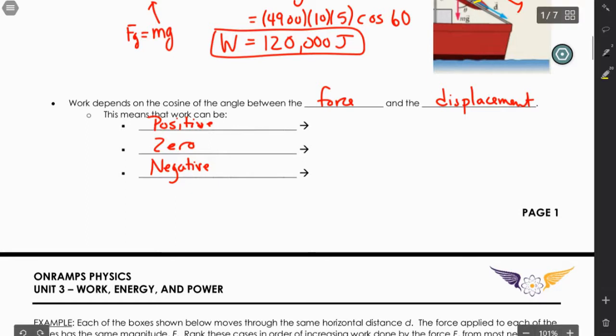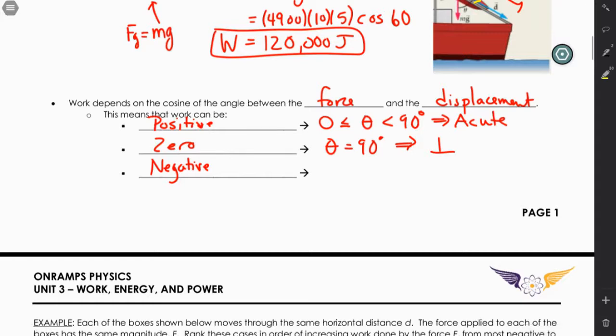And so positive work is done when the angle is from 0 to 90, but not including 90 degrees. The way it works out, these are acute angles. 0 work is when the angle is equal to 90 degrees, and this is the perpendicular. And remember, cosine of 90 is 0.